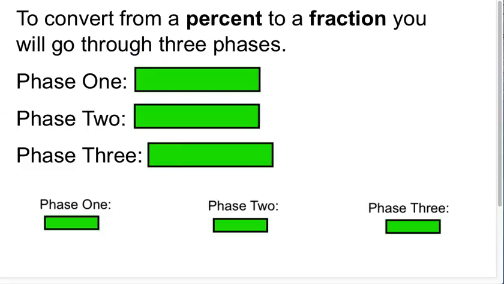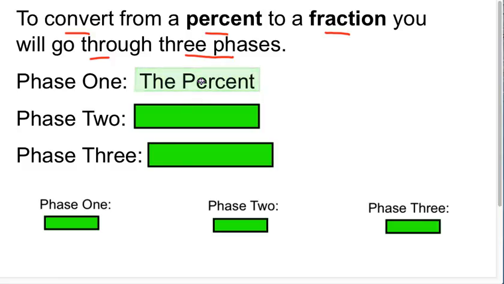Now, of course, if you can convert a fraction to a percent, you can turn a percent back into a fraction. So to convert a percent to a fraction, you will go through 3 phases as well. These phases begin with your percent, because you're going from a percent to a fraction.